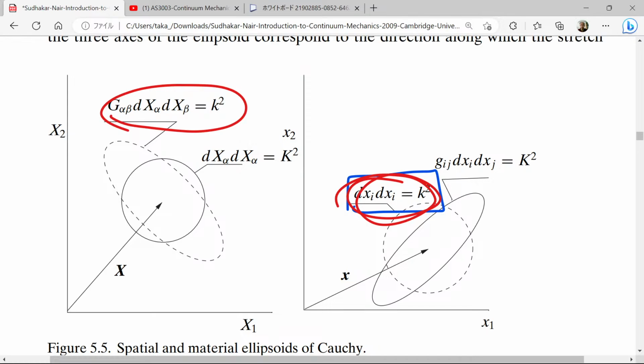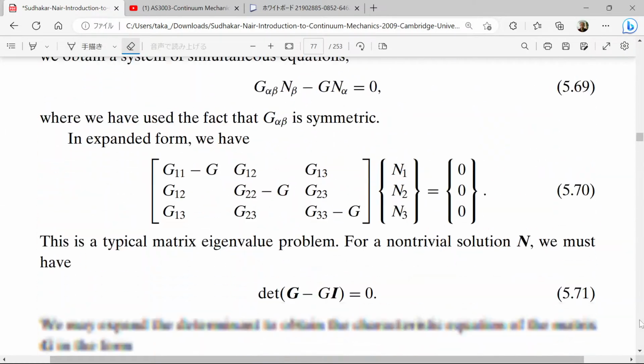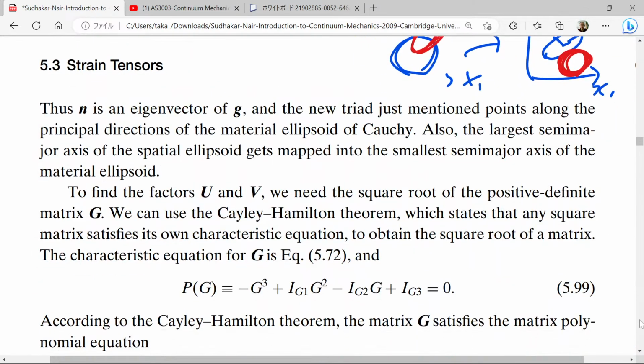Let me see what page this is. 76. Spatial ellipsoid. The new triad.